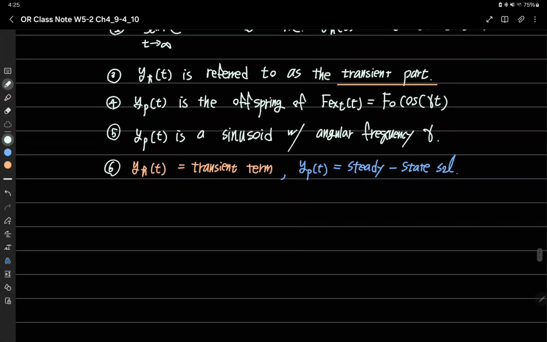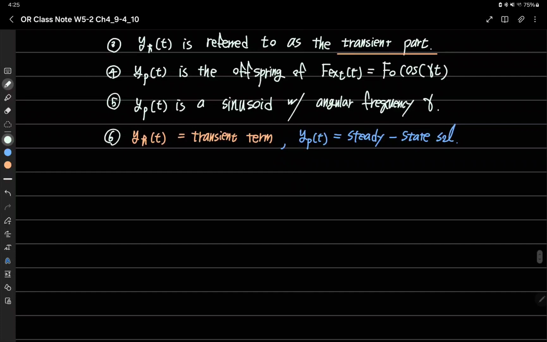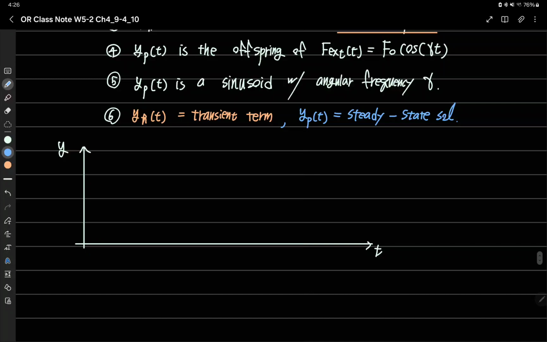All right, let me try to visualize YP and YH. What do they look like? So this is t, and this is Y. YP is going to be wave functions like this.